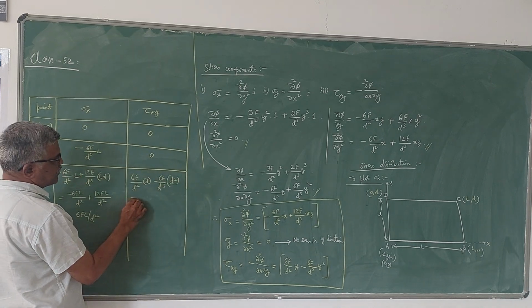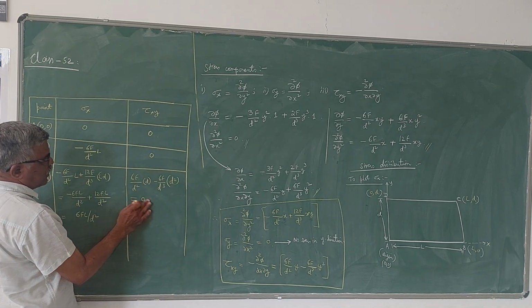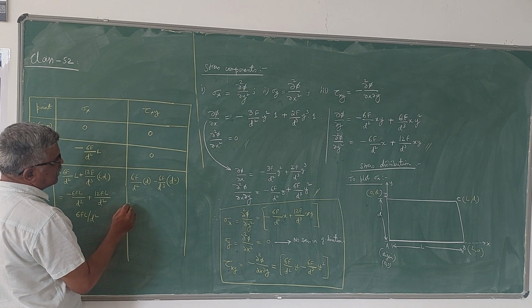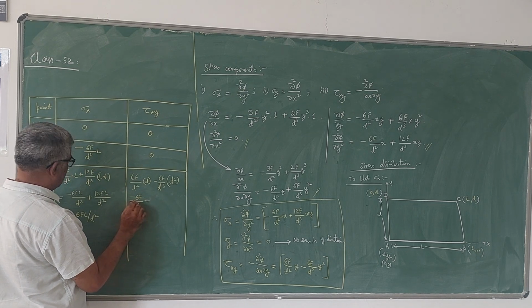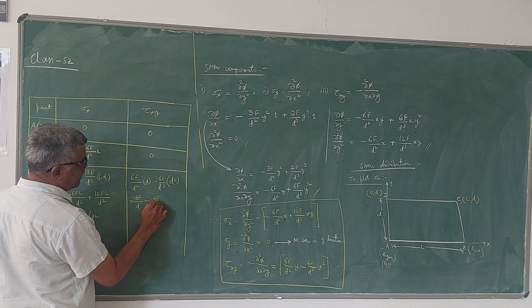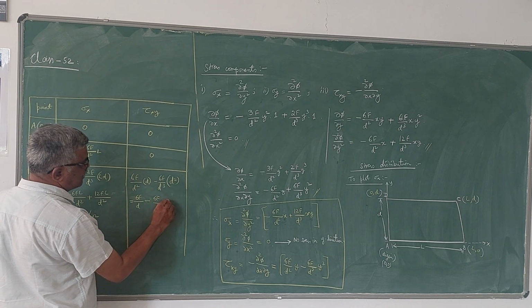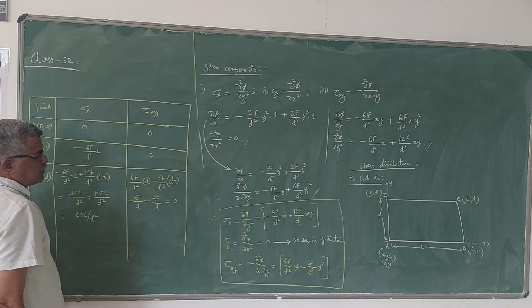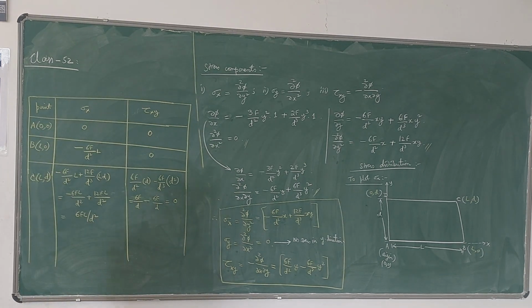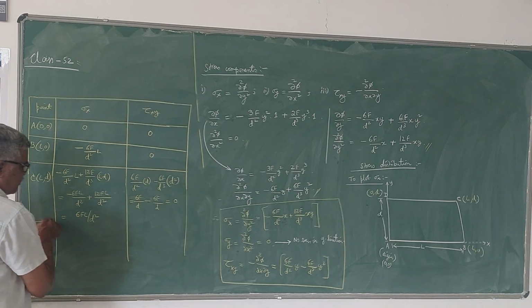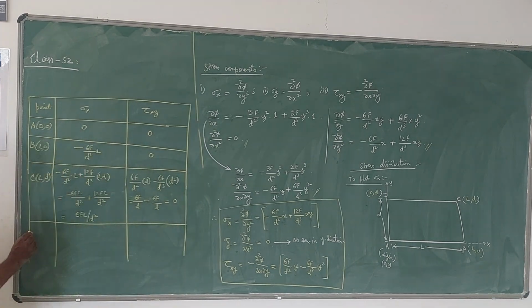I think it will become 0. Yes, 6F by D minus 6F by D, so it becomes 0. Just substitute the values.